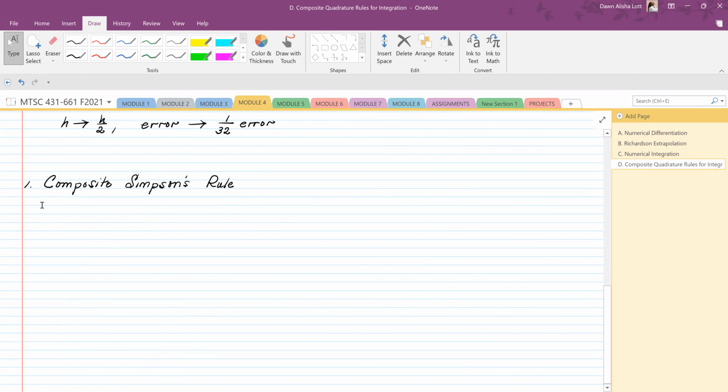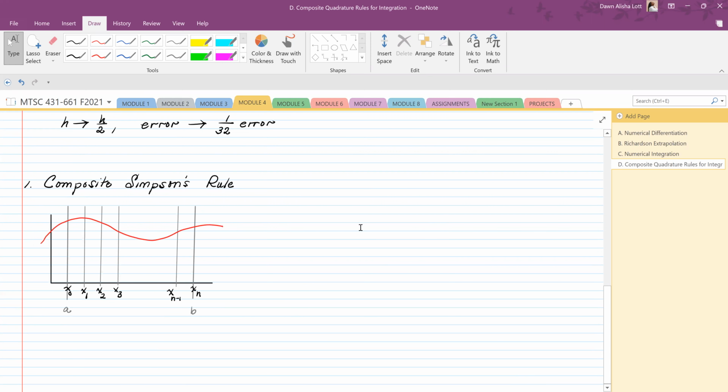So now for Simpson's rule, you must have an even number of intervals. From here to here, that's 2h. From here to here is another 2h. From here to here is 2h.